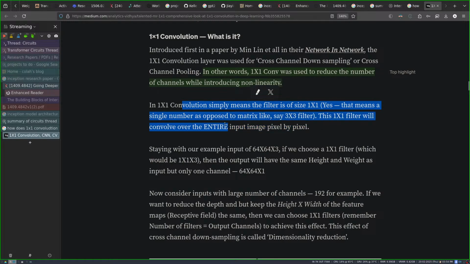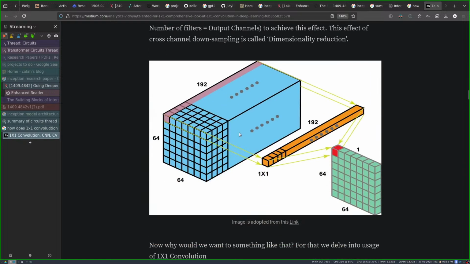This one by one filter will convolve around the entire input pixel by pixel. The output will have the same height and width, but only one channel. Oh, it will reduce the channels. Okay. It doesn't reduce dimension, it reduces channels, which essentially reduces dimension. I mean, which is the dimension, right? Okay. Hmm. Makes sense. Cool. I'm fine with that.